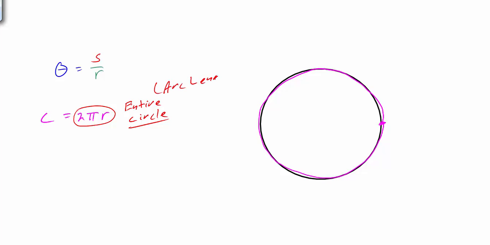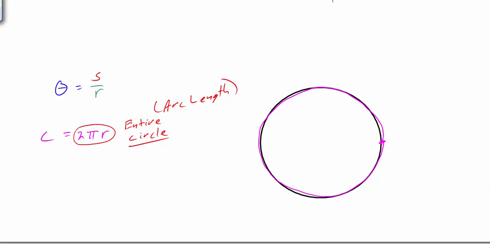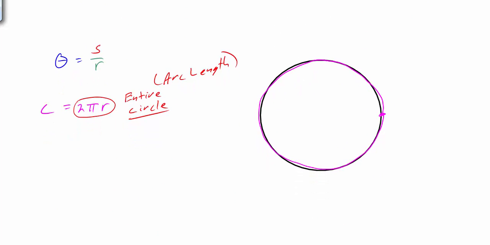Remember this little piece here is the arc length, but now if we go all the way around, we can think of that as going all the way around the circle. So if that's representing the arc length, we would then have our angle is equal to the arc length over the radius. Well, the arc length therefore is 2 pi r.